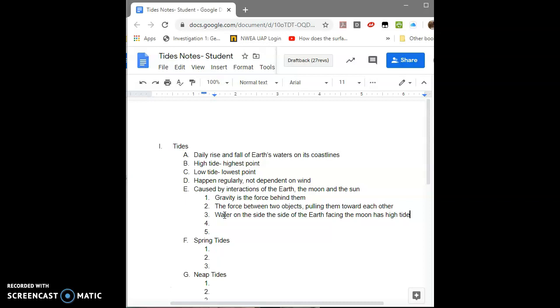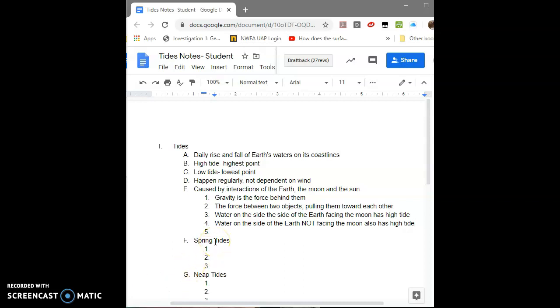If you watch the video that I linked with this, it gives a great graphic of what that looks like. So water on the side of the Earth not facing the moon also has a high tide, and again they call that a tidal bulge.